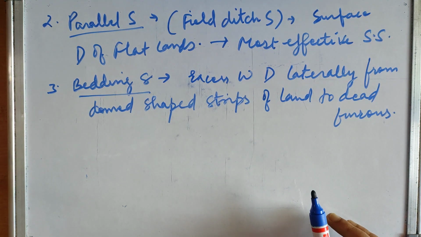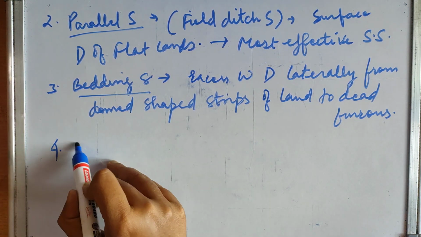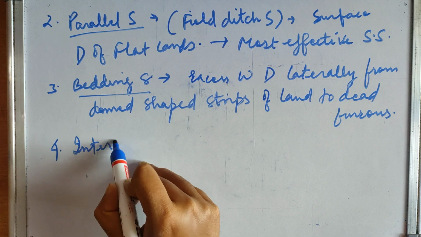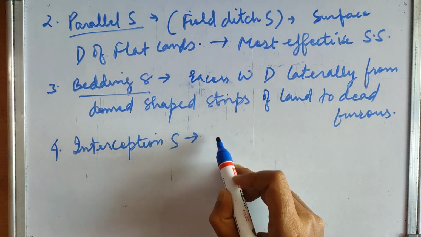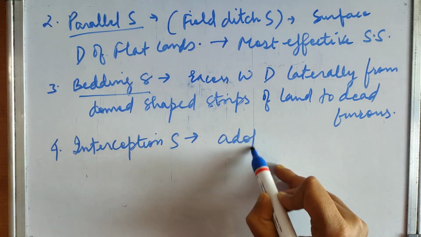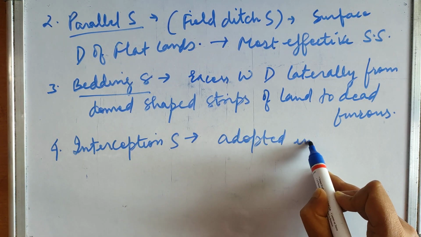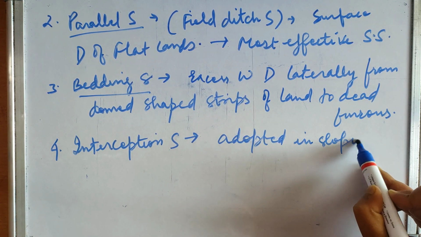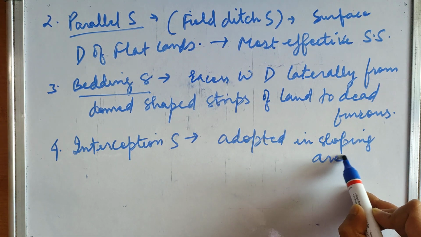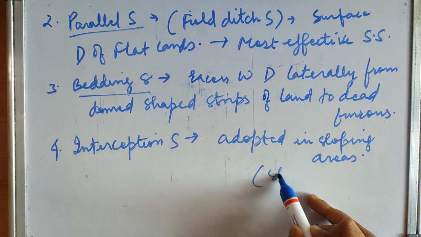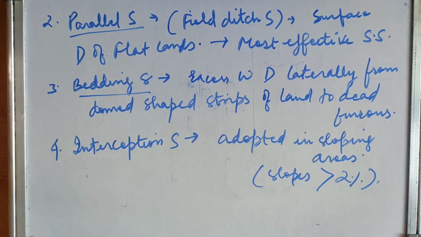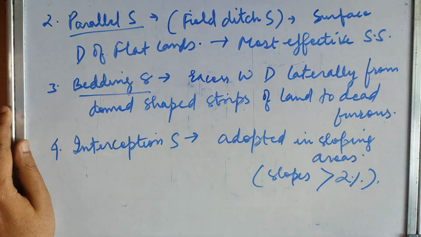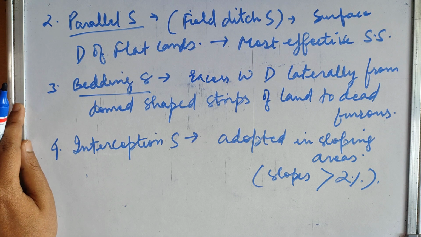The fourth one is the interception system. It is mainly adopted in sloping areas where the slopes are more than 2%. So these are the types of surface drainage.